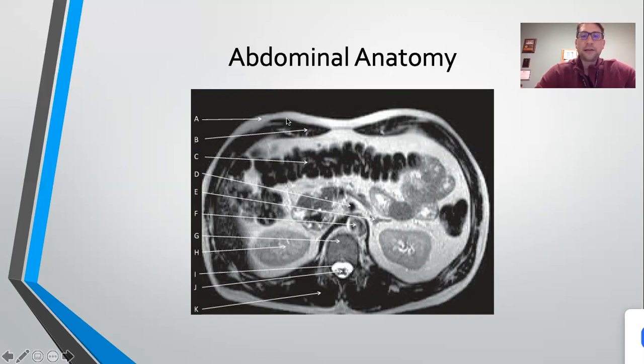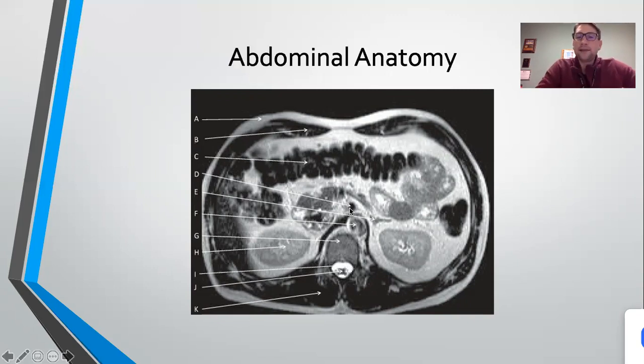All right, so then here on the anterior portion of the abdomen, we have the subcutaneous fat. B would be our abdominal rectus muscles. C is the transverse colon, so it's going across. So this is the large bowel here, going across.